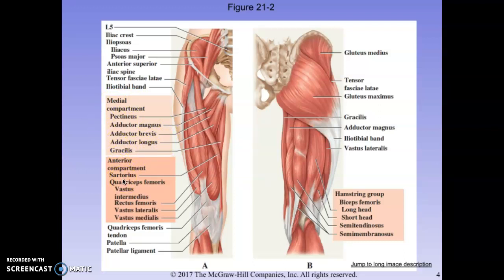Okay, then in the anterior compartment, on the front of the thigh, okay, we have 4 quadricep muscles. Quad meaning 4 of them working together that do knee extension. Okay, and they all start up here in your thigh. Okay, we talked about the rectus femoris, which does hip flexion and knee extension, but that's right here in the middle.